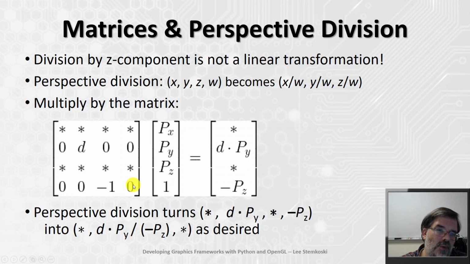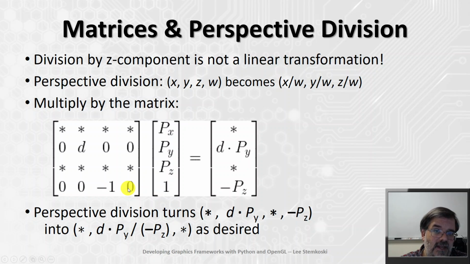And kind of the trick we're going to use, since we want to divide by the z value, we're going to change the last row of this matrix. Right? When doing ordinary geometric transformations like translation or rotation or scaling, this last row is 0, 0, 0, 1.